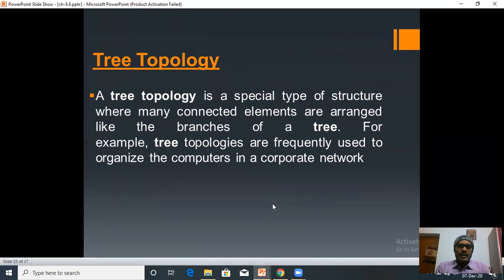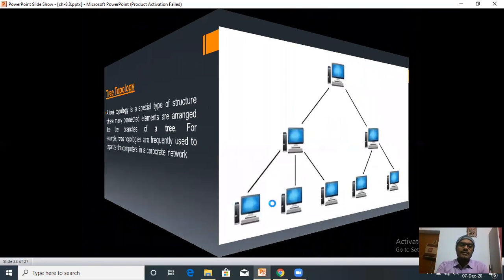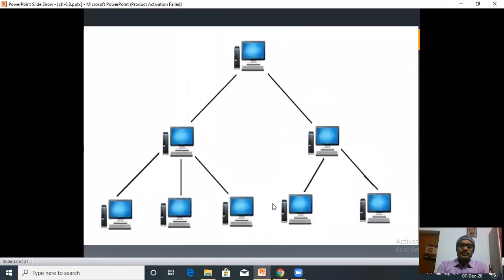Now the last point of tree topology: a tree topology is a special type of structure where many connected elements are arranged like the branches of a tree. For example, tree topologies are frequently used to organize the computers in a corporate network. So it is mostly used in corporate networks.